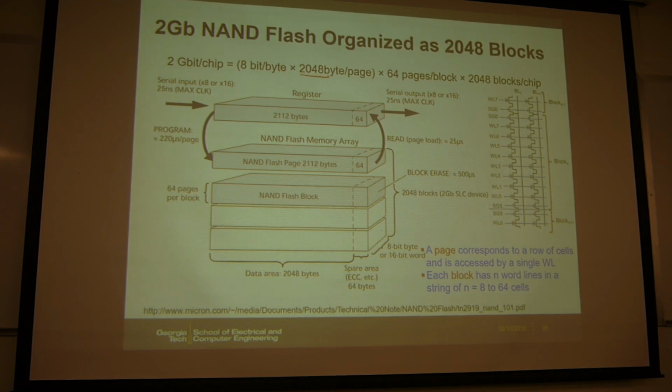So what does this mean? Again, this page is the same as the DRAM. 1 page means 1 word line. So 1 row, let's say.